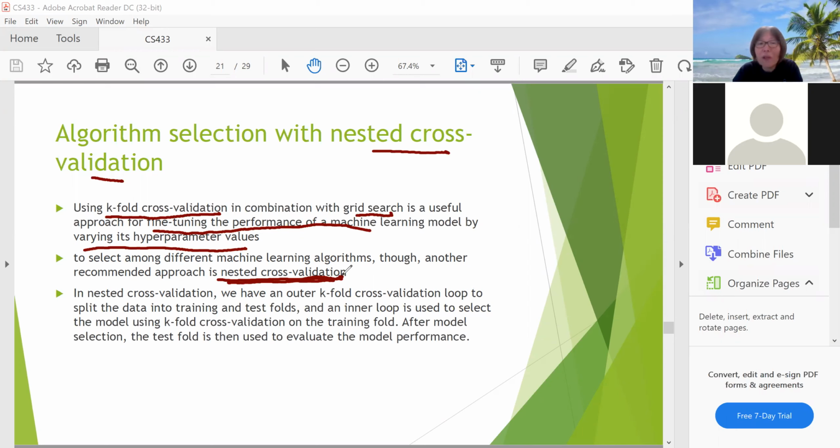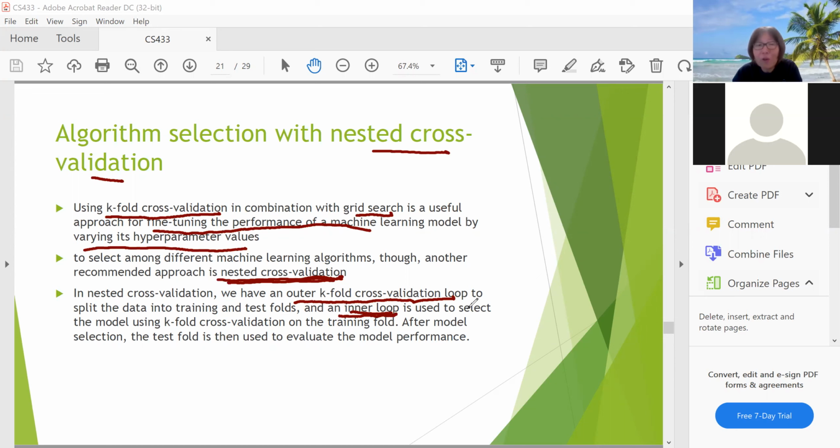Okay, for the nested cross-validation, it's nested, kind of like a nested loop. The outer k-fold cross-validation loop splits data into training and testing folds. Then within the training data set, we have an inner loop.